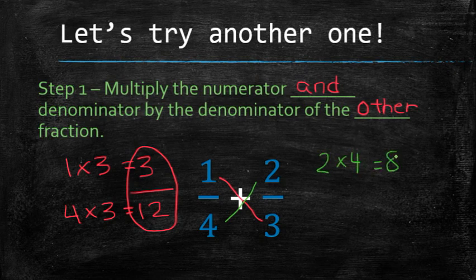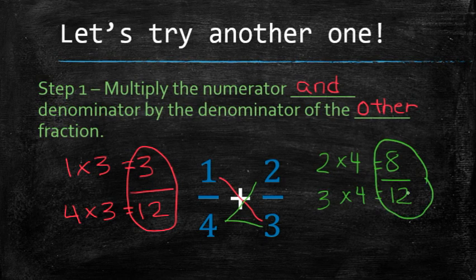And you know that equals 8. Okay, and then 3 times 4. And you know that equals 12. That's the point that we're doing this, is to get the same denominators. And 8/12 is equivalent to 2/3 because you've made it that way, right? So now we have 3/12 and 8/12, and you'll notice that the denominators are the same.